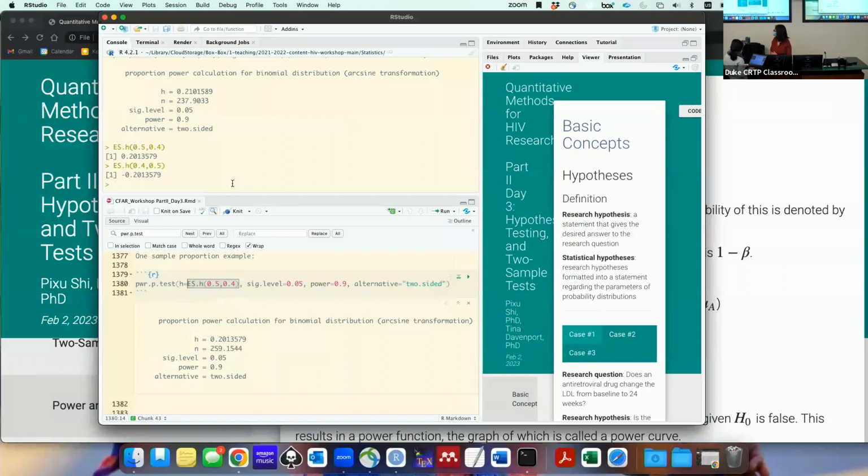Yeah, so what is the physical meaning of the value we want to detect?